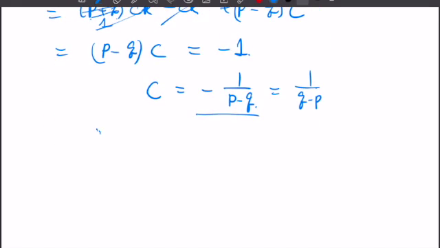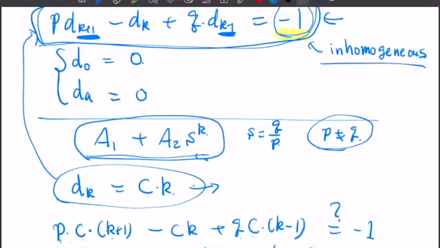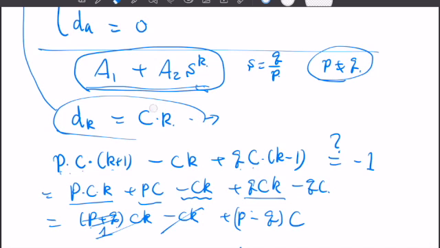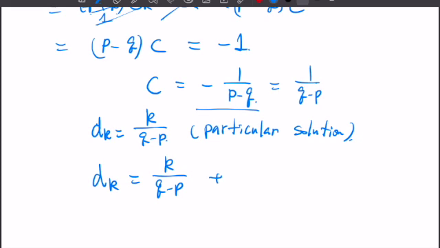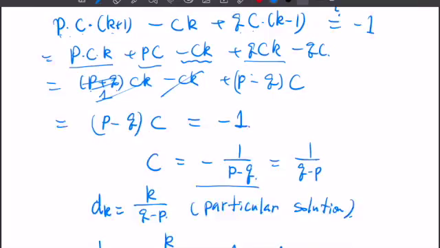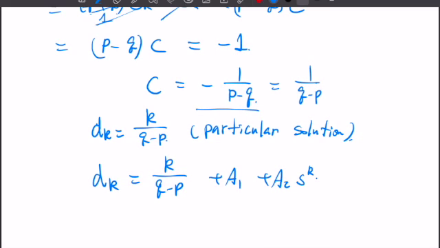So the particular solution can be written as k over q minus p. And the general solution is the sum of this particular solution and the general solution of the homogeneous case. So the general solution will be k over q minus p plus A1 plus A2 times s to the power of k.